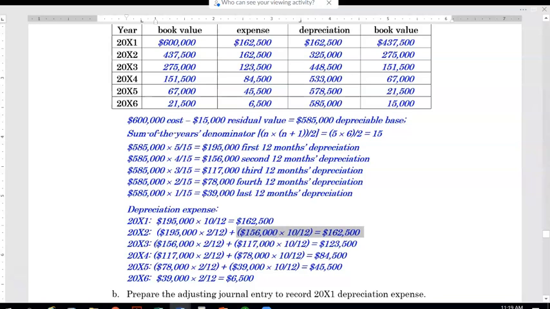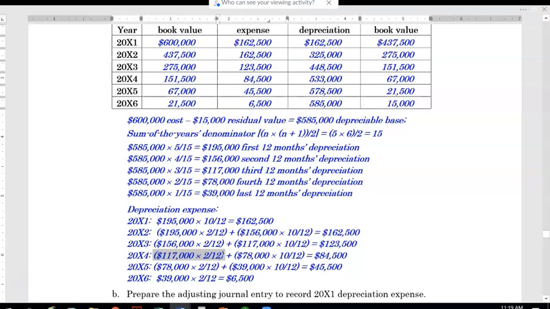So go to year 3, take care of the remaining 2 months in year 3, calculate that. And in year 3, I have 117,000 to depreciate. So I'm going to take care of that one for the remaining 10 months. And it ends up to be 123,500 for year 3 depreciation. In year 4, I have 2 months left from year 3.